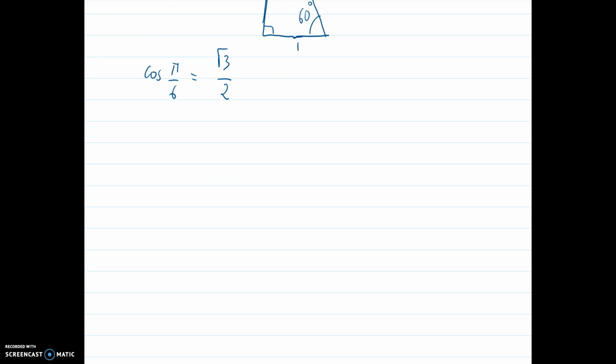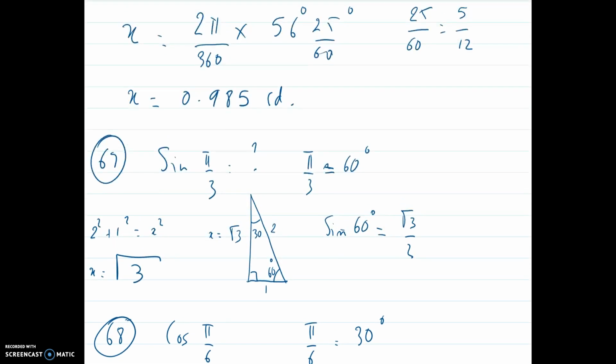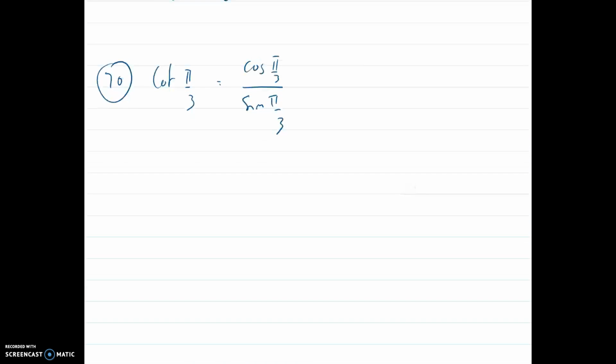Let's continue. Let's try to find another example. So let's try to do cotangent pi over 3. Problem number 70. Cotangent pi over 3 is cosinus pi over 3 divided by sinus pi over 3. Well, I know that sinus pi over 3 equals square root of 3 divided by 2.